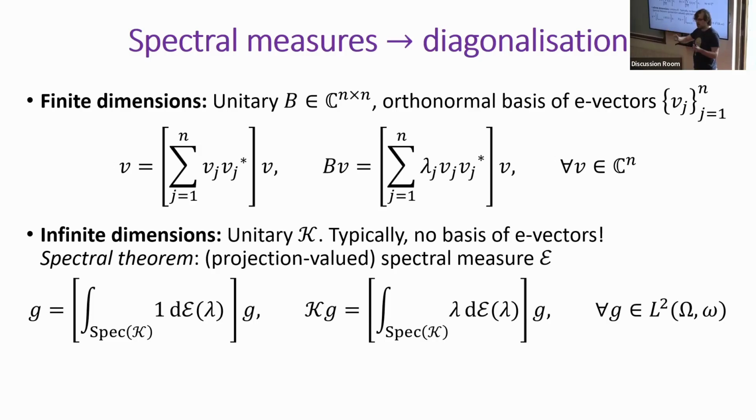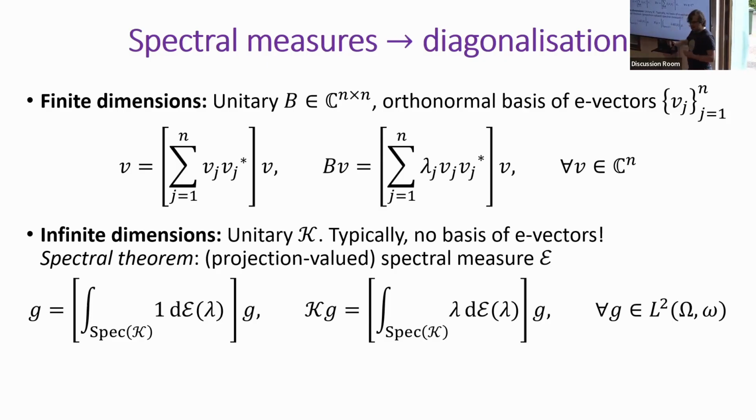You can kind of think of projections like numbers: you can add them, you can compose them, and do all sorts of stuff. So you can represent your operator in terms of this integral, and you replace lambda_j by lambda. I think this goes back to von Neumann, who wrote this down first. I might be wrong, but he was looking at this kind of stuff for quantum mechanics. So you trade this discrete sum for a measure.